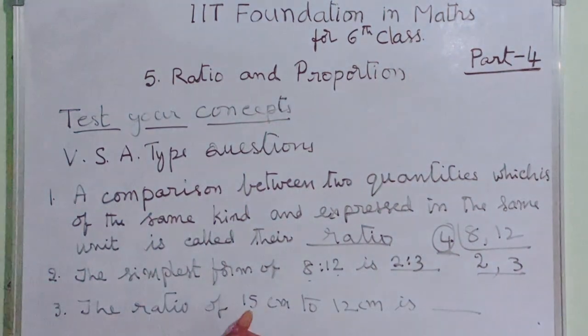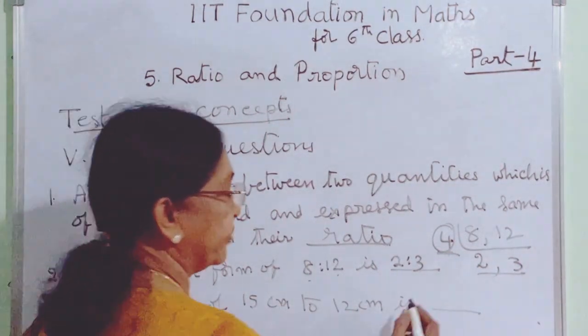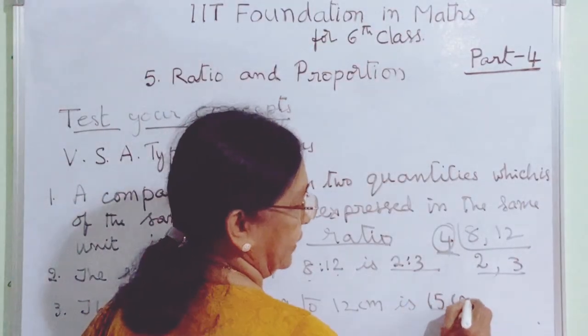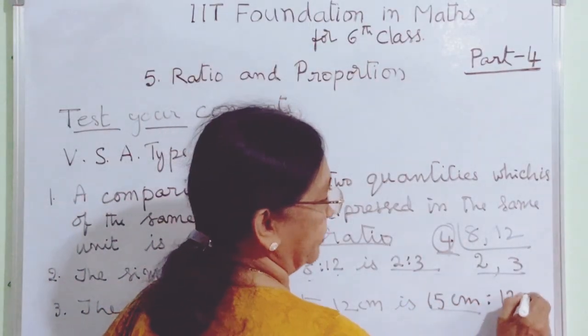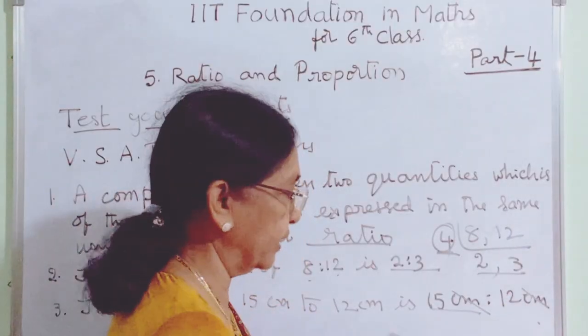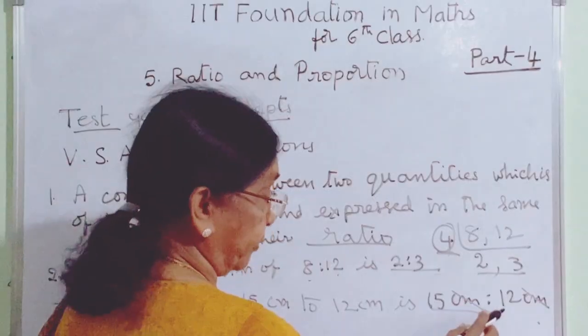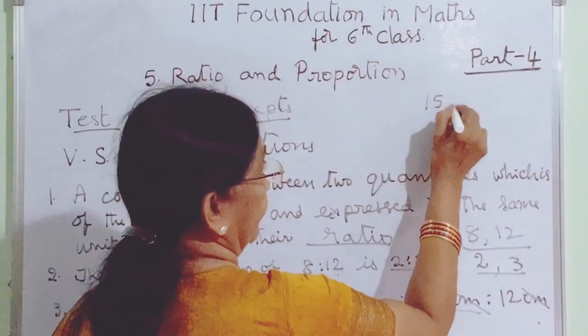Next, the ratio of 15 centimeters to 12 centimeters is dash. Centimeter is common, therefore we will cancel it and find the highest common factor of 15 and 12.